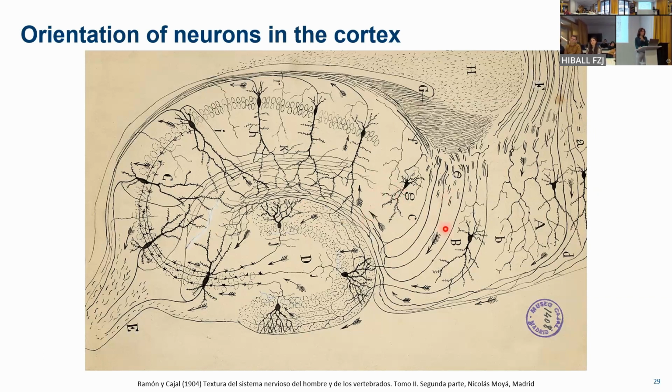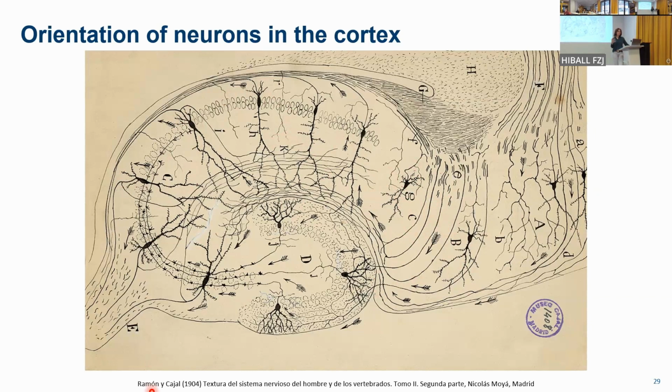Because in this drawing, Cajal didn't just put the different cells and differences in their shape and size, but he also drew these little arrows. That is because Cajal thought that the shape of a neuron could provide information on how information flowed.